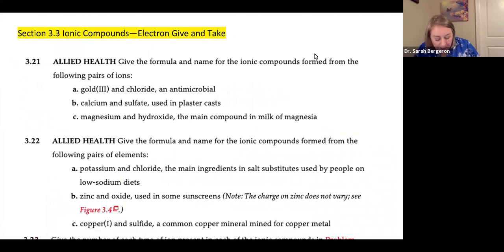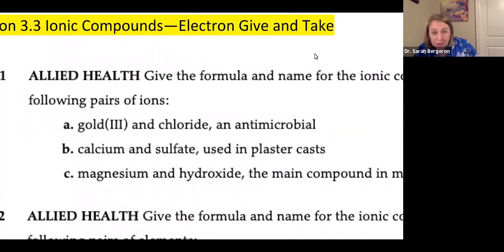Gold(III) and chloride. First I want to look at them and give a charge. Gold(III), if it's in Roman numerals, I know that's a transition metal, and transition metals form cations. It's a metal, so it's going to be a cation, and this Roman numeral 3 tells me the charge, so this is going to be a +3.